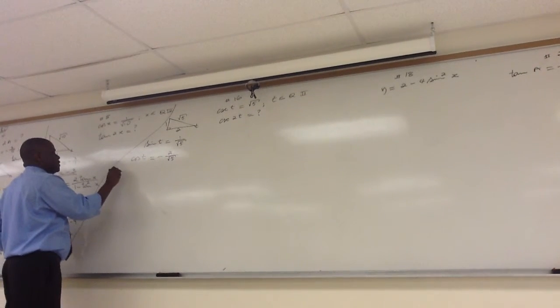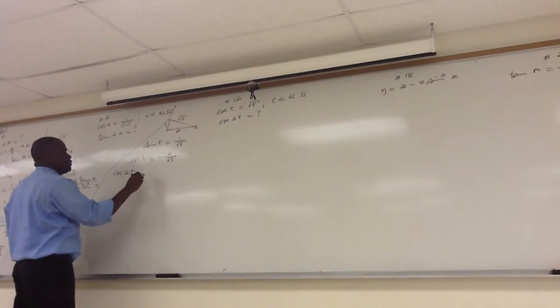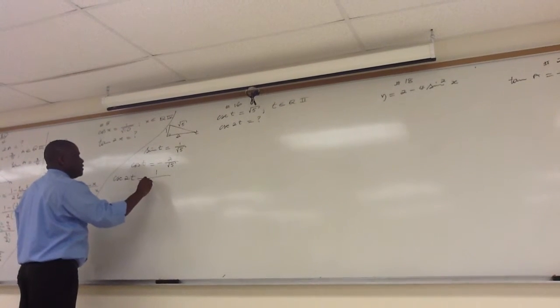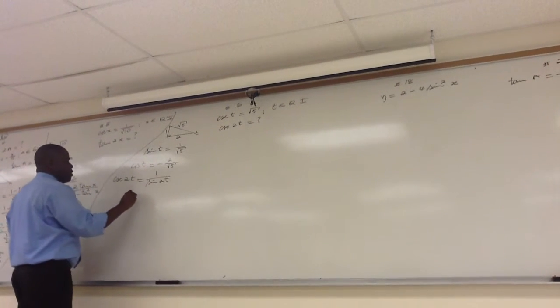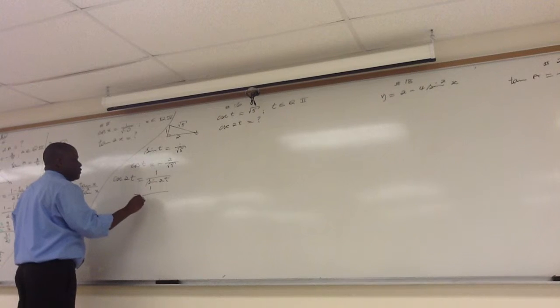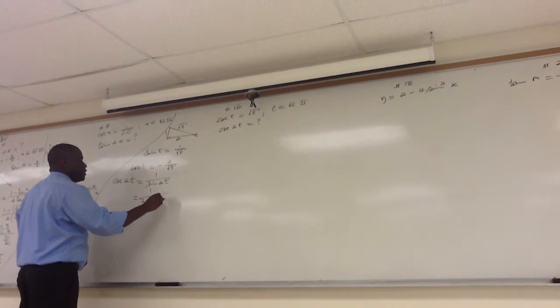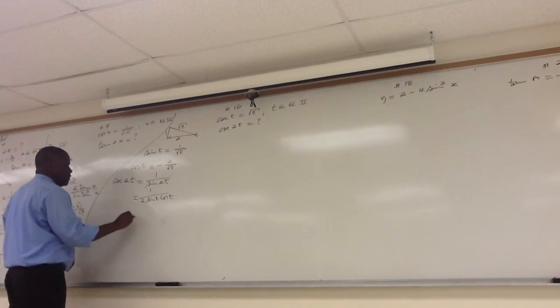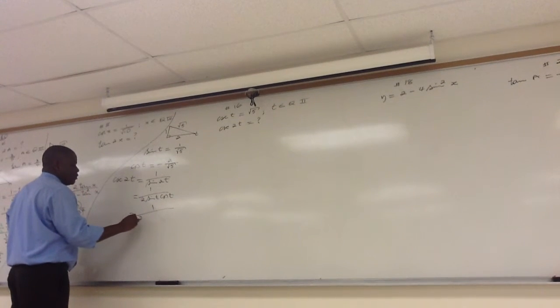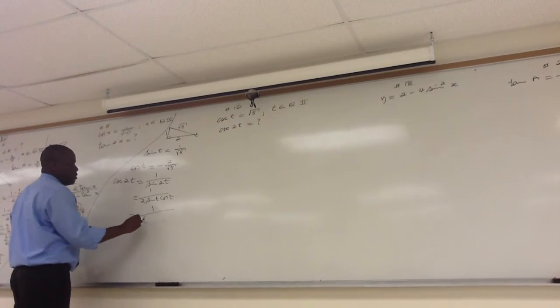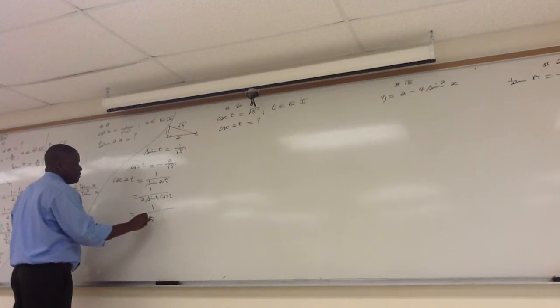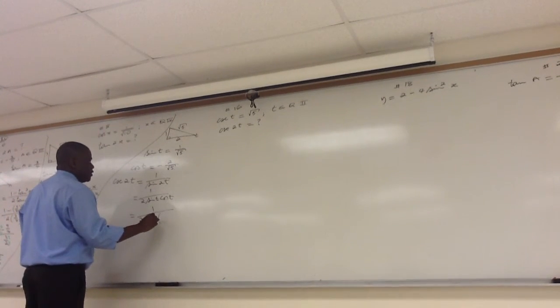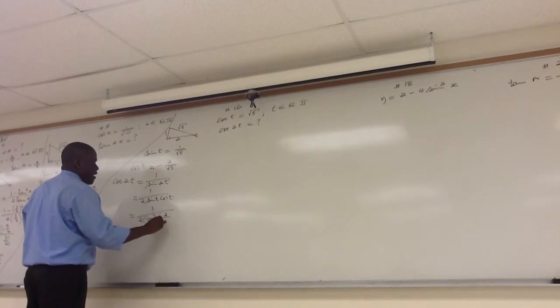Let's go ahead and process this one now. Cosecant of 2t is 1 over the sine of 2t, which is 1 over 2 sine of t cosine of t. Let's replace everything by their values. It is 1 over 2 times sine of t, which is 1 over square root of 5, cosine of t, which is -2 over square root of 5.